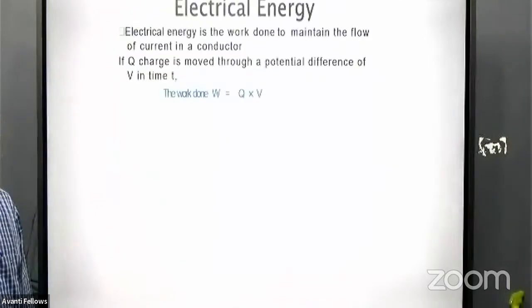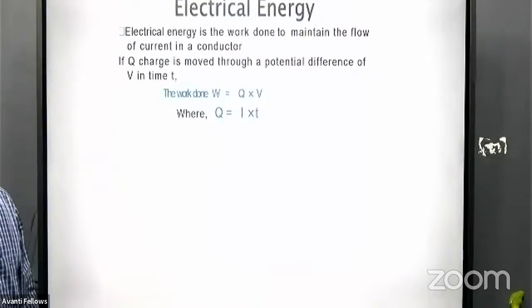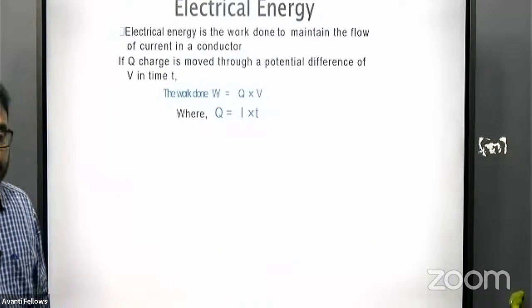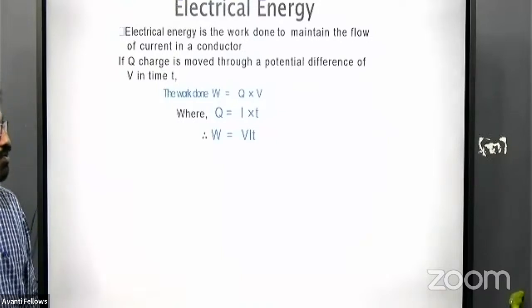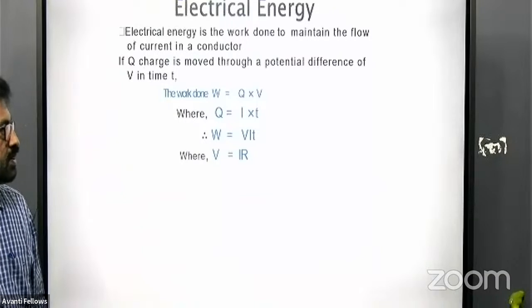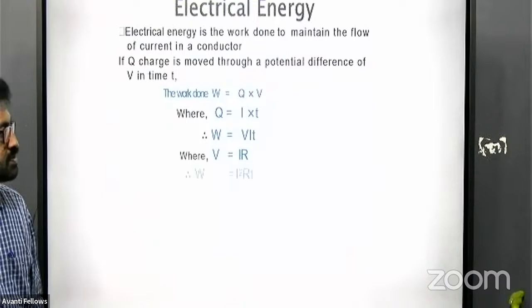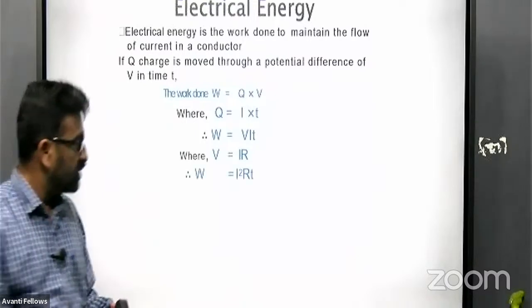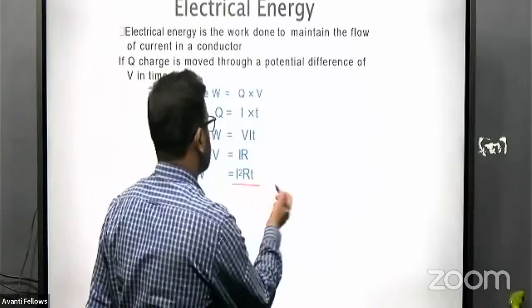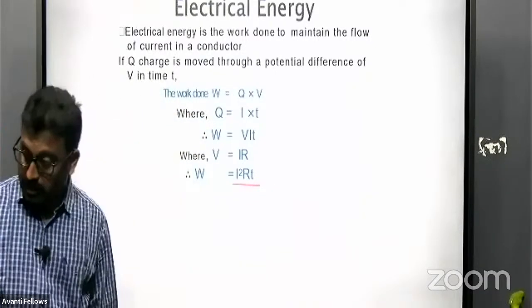If a charge Q is moved through a potential difference of V in time t, then the work done is Q multiplied by V. Q can be taken as I multiplied by T, so the work done equals V multiplied by I multiplied by T. V can be taken as IR as per Ohm's law, so the work done equals I square RT.